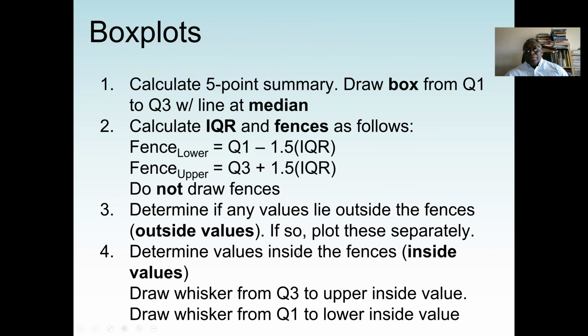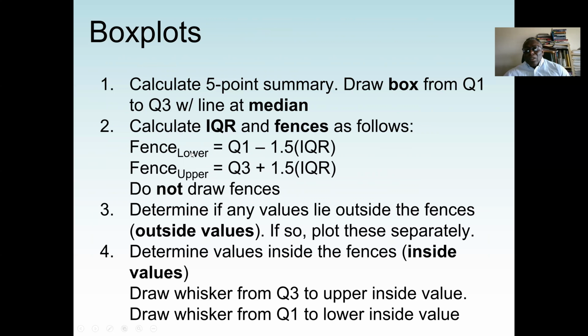So to draw the box plot, we draw a box from Q1 to Q3 with a line at the median. Then we calculate the IQR and the fences. So as I said earlier, the interquartile range, which is IQR, is always used to find the lower fence or upper fence.